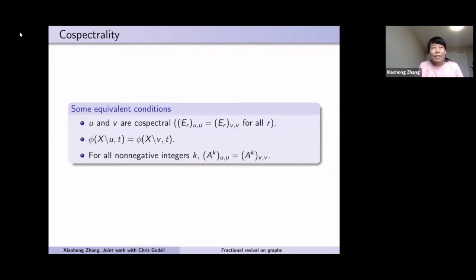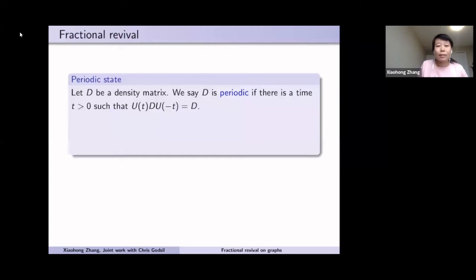So recall that we introduced fractional revival as a special phenomenon when we represent the state of the system by using vectors. There is also some interesting phenomena when we represent the state by using a density matrix. So let's take a look at this one first.